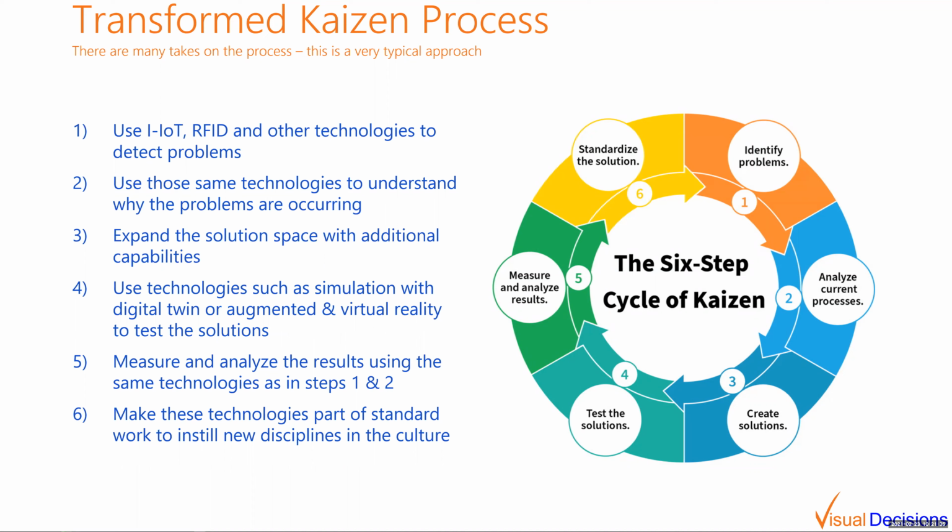Whether it's identifying the problems that you have and understanding what are the key drivers of performance out on the shop floor, or doing the detailed analysis of the current process, all the way through, having that data is absolutely key to making those improvements and then sustaining them over time as well.